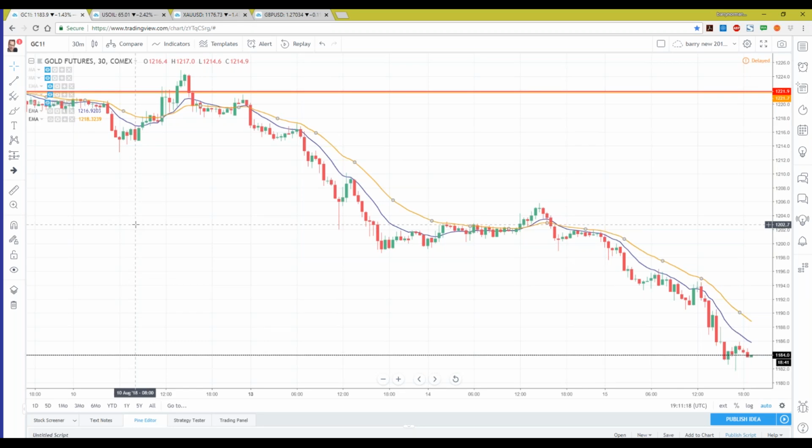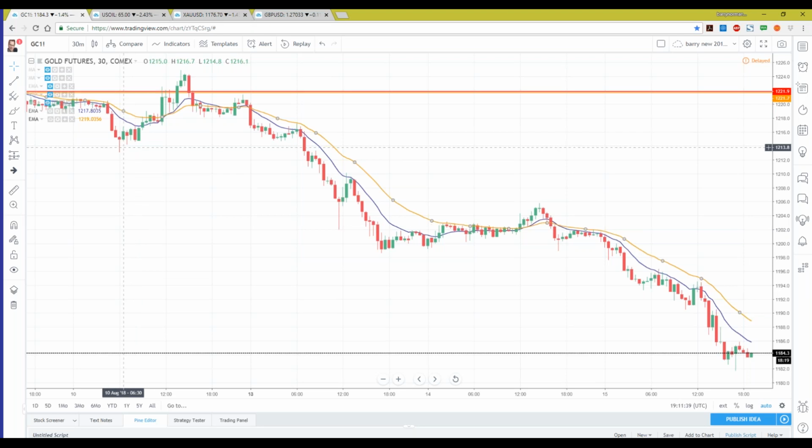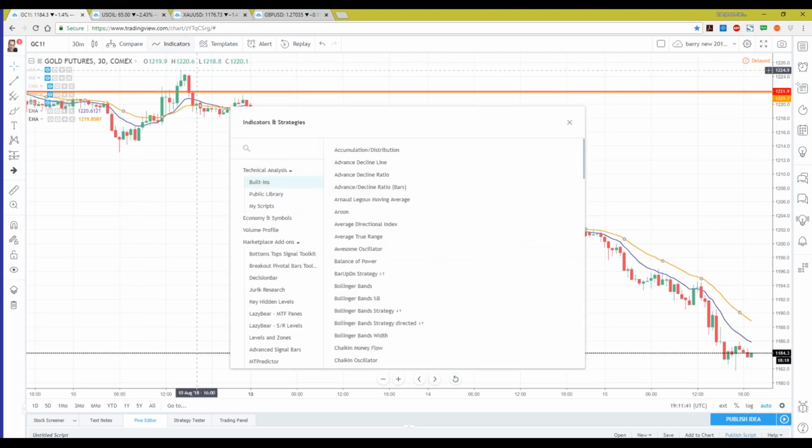So it used the current price to develop the two EMAs on our chart. What it does now, it subtracts the longer period EMA from the shorter period EMA to give us what's called the MACD line. Okay. So we're going to go drop our MACD on our chart.